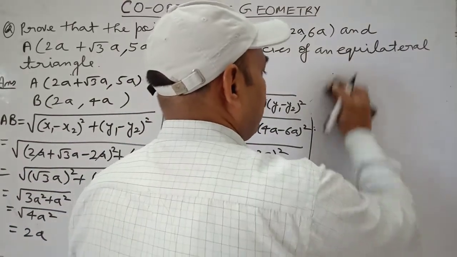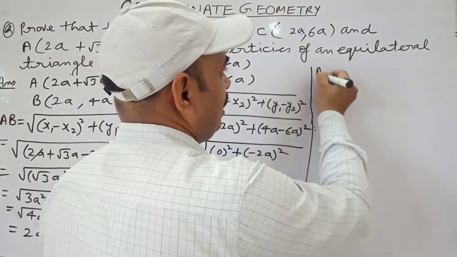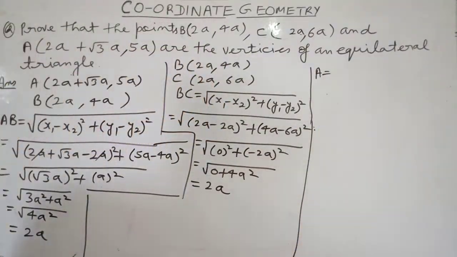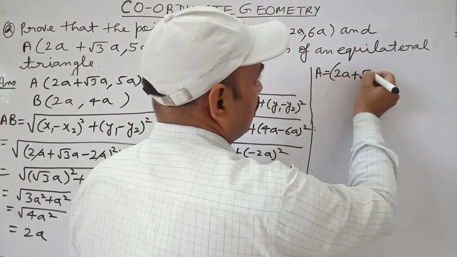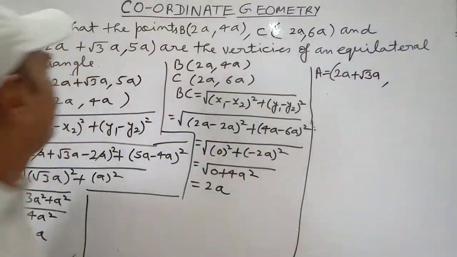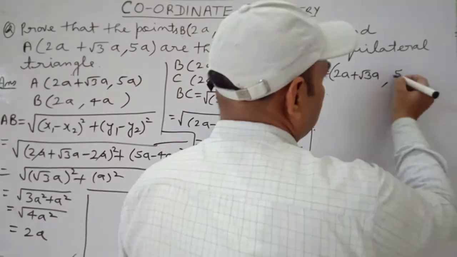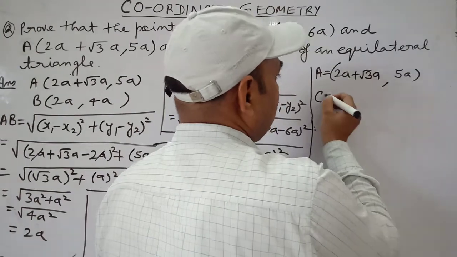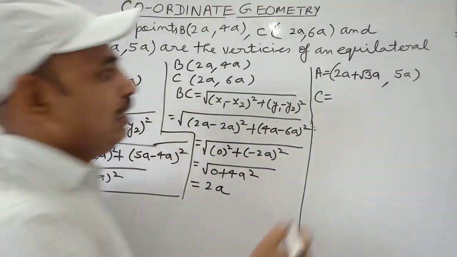What is the coordinate of C? Write them first. A is (2a plus root 3a, 5a). What is C? C is (2a, 6a).